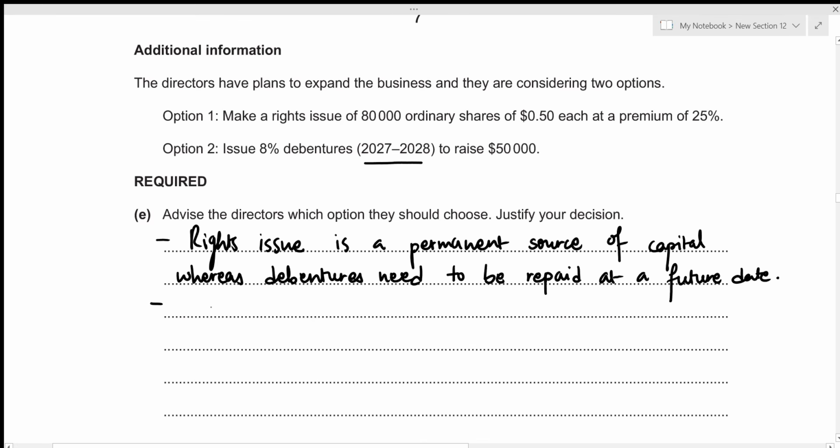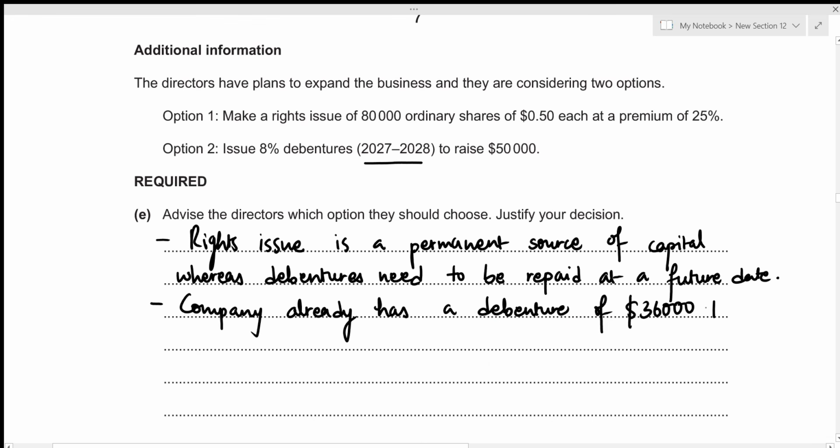Company already has a debenture of 36,000 to be repaid next year, because the date for the previous debenture was 2022 to 2023.